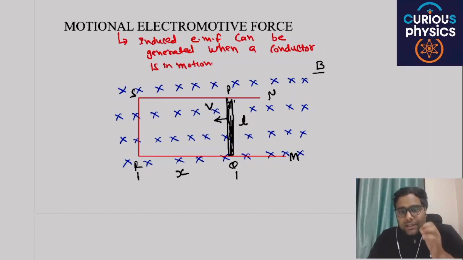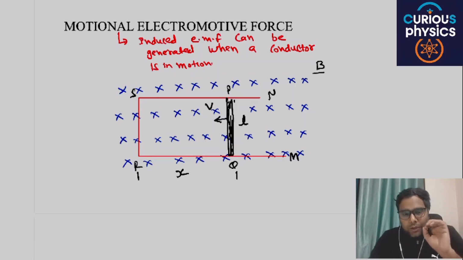According to Lenz's law, there will be an induced current in this loop that tries to oppose the decrease in magnetic flux.